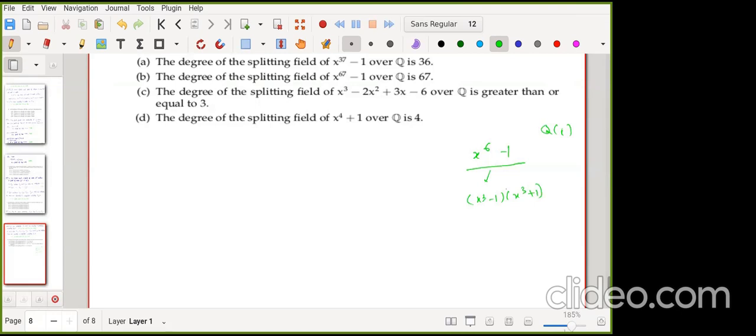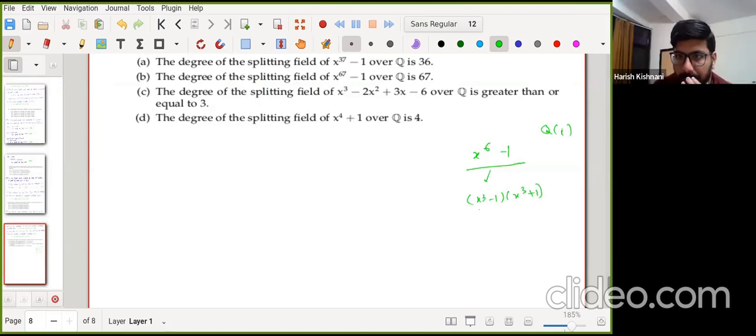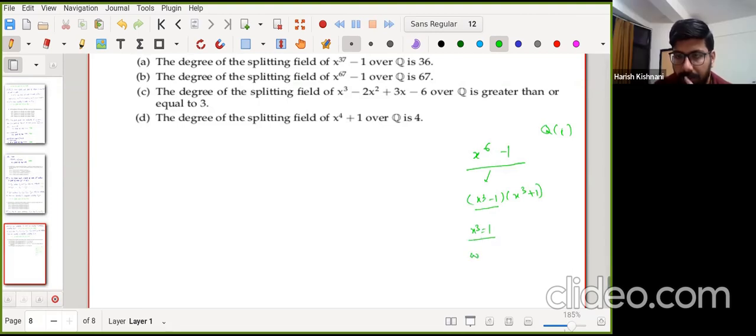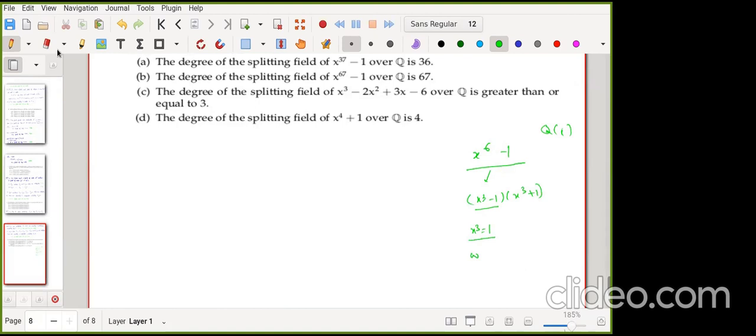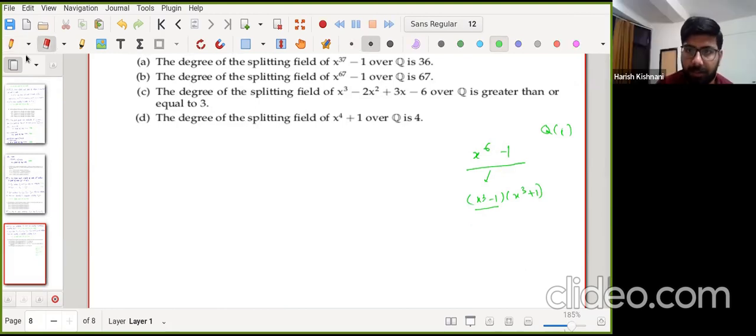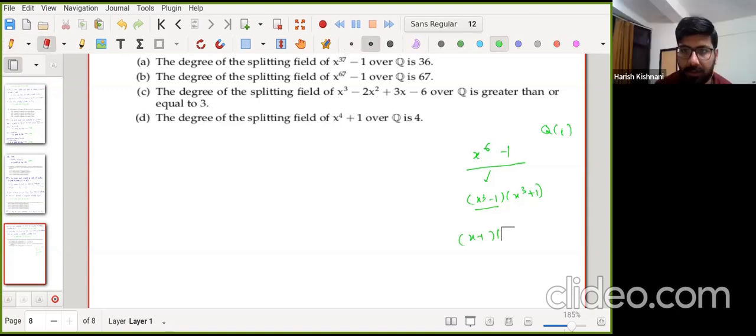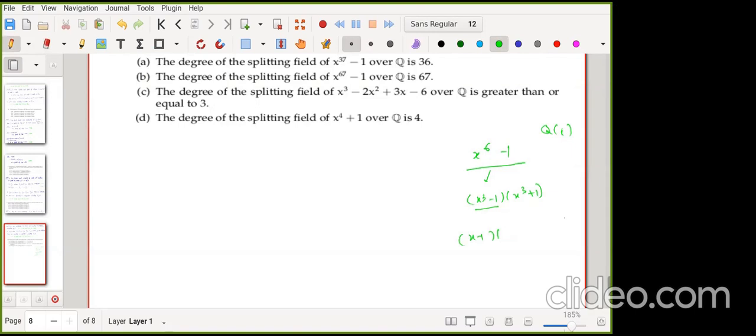So the cube root of unity, it has omega as a cube root. This is also separable, so it is (x minus 1)(1 plus x plus x square), and this is x cube plus 1.